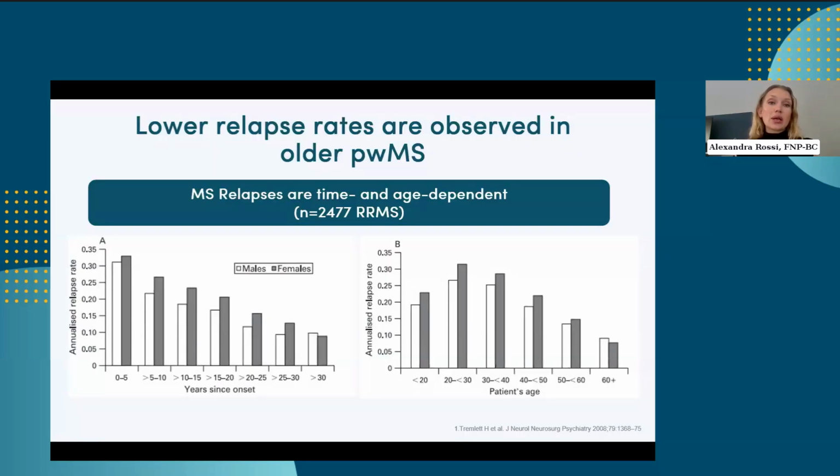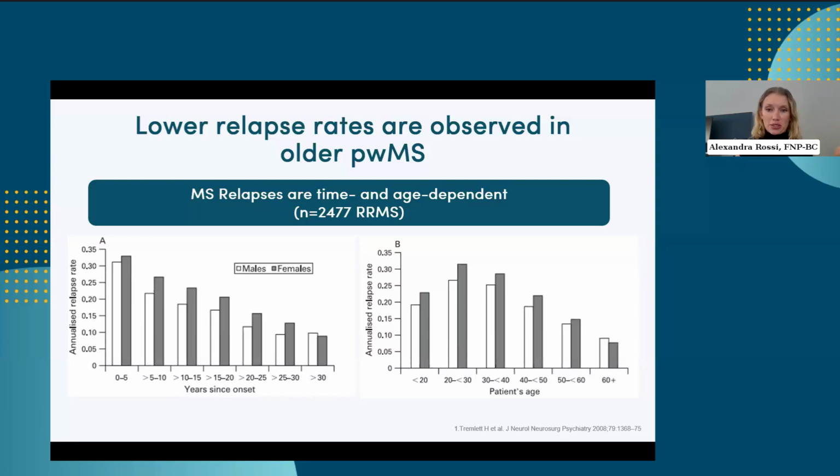Kind of plain and simple, we see lower relapse rates observed with older people with MS. There's a very linear graph here on the left-hand side, which is nice and neat, that we see the annualized relapse rate really decrease from the years of onset, right? So you're diagnosed and your rate of relapse has this nice downward trajectory when you get further away from the years of onset.